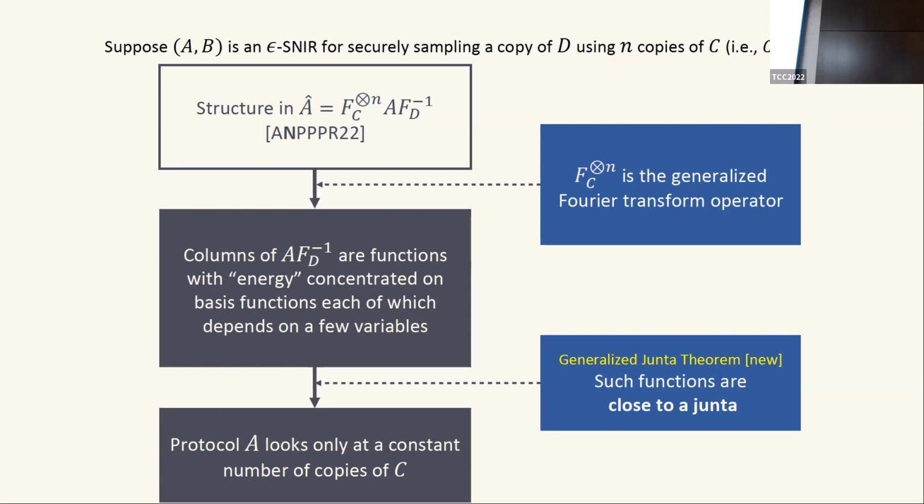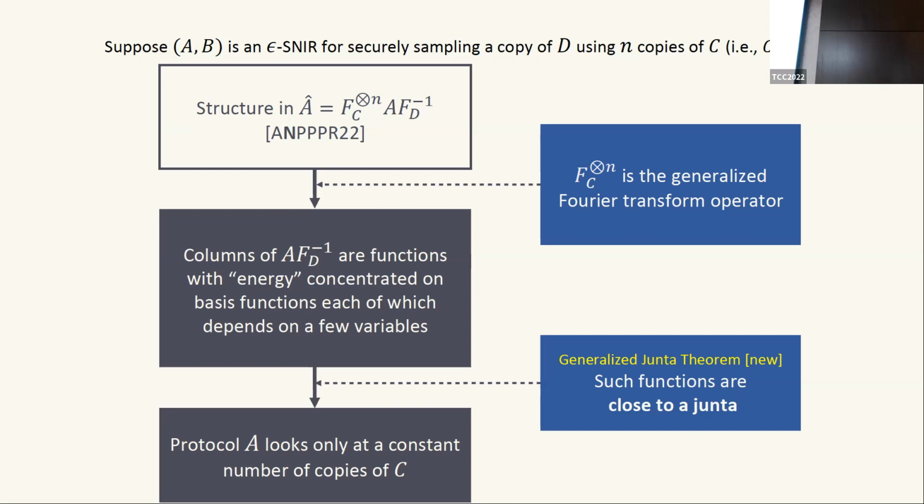But then this is perfect for us to apply a Junta theorem that says that if this is the case, then A should be a function that depends only on a few of the coordinates of the function itself. We could not find a Junta theorem that works for a generalized Fourier transform of this kind. So we stated and proved such a Junta theorem, and this might be of independent interest.